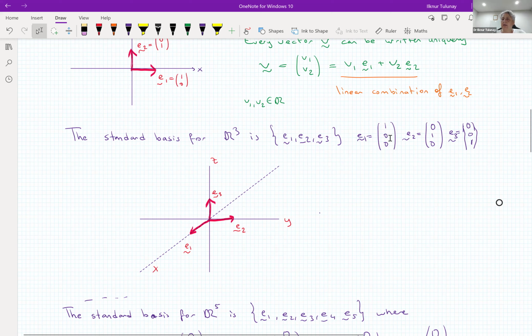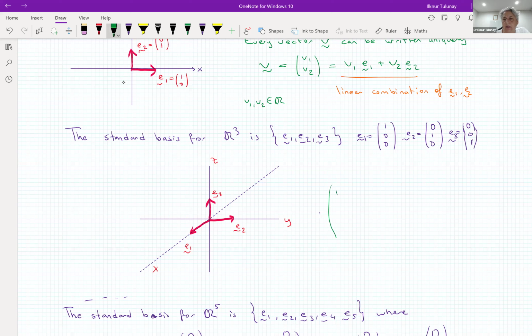That's E1 is (1, 0, 0), E2, and E3. You know those vectors. This is a unit vector in the direction of the x-axis, unit vector in the direction of y, unit vector in the direction of z. Again, it's the same idea. Every vector in this three-dimensional space, your vectors are now actually three-dimensional, right?